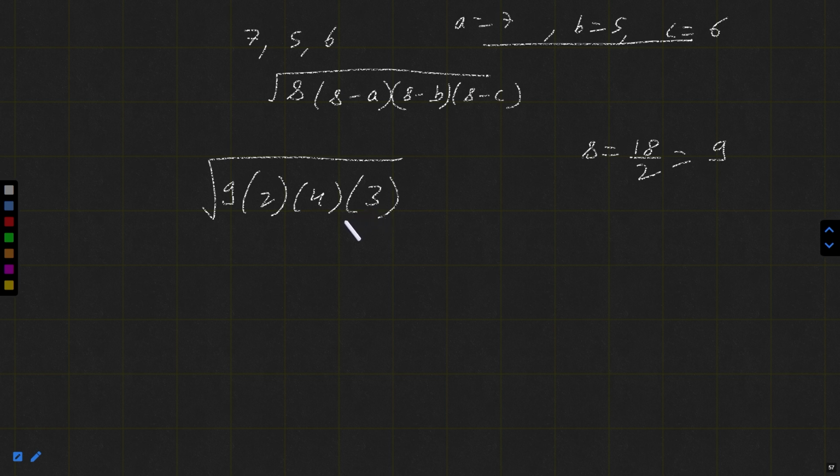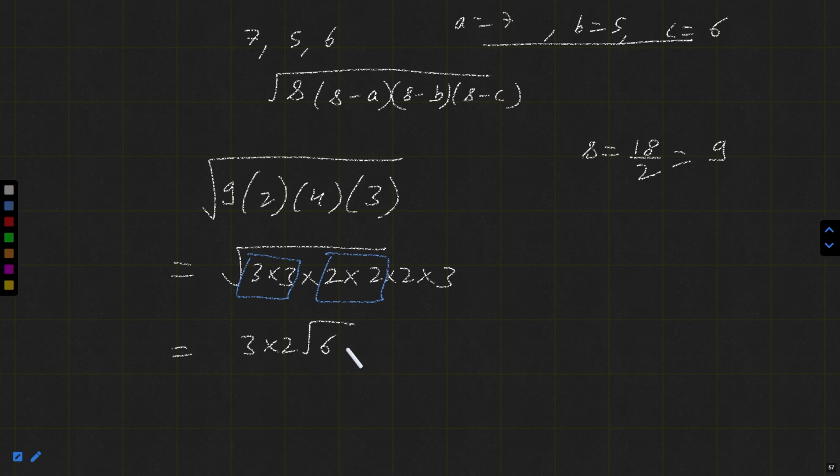Now just solve it. 9 can be written as 3 times 3, 4 can be written as 2 times 2, and 3 is there. So here is one pair, and here is another pair. My final answer would be 3 times 2 root 6, which is equal to 6 root 6.